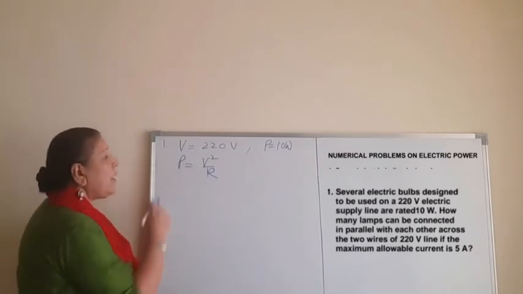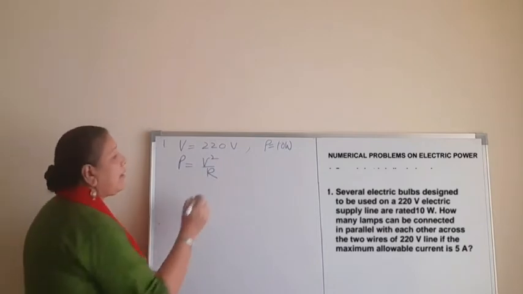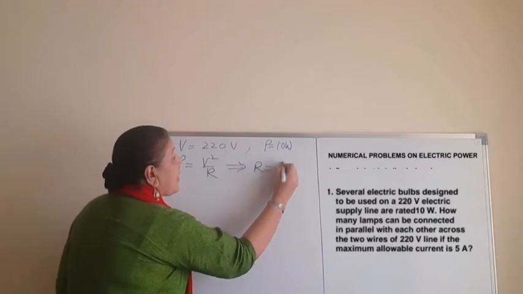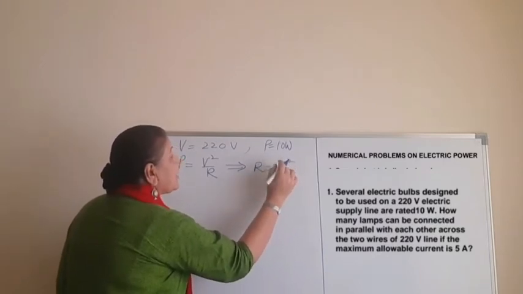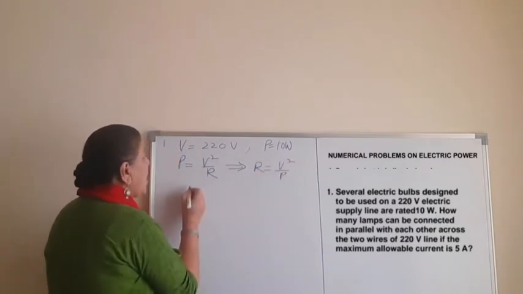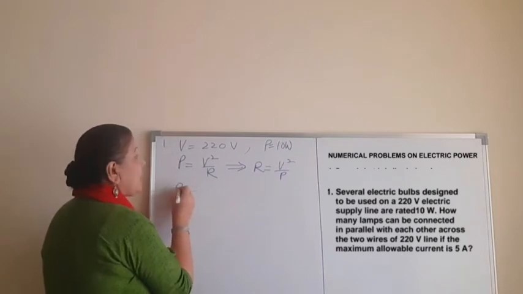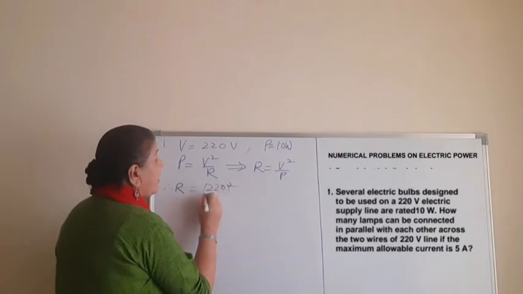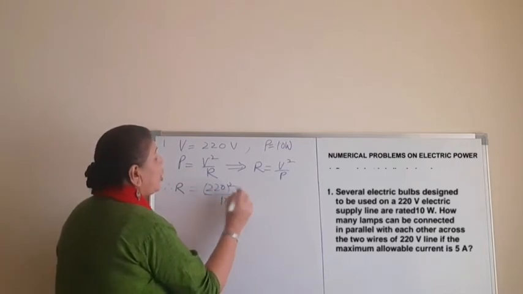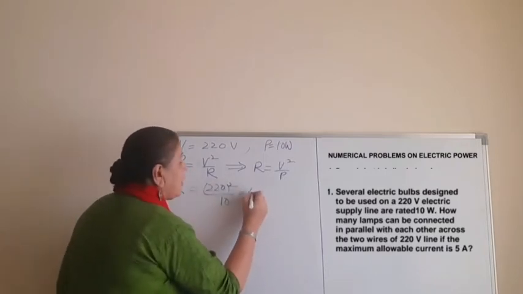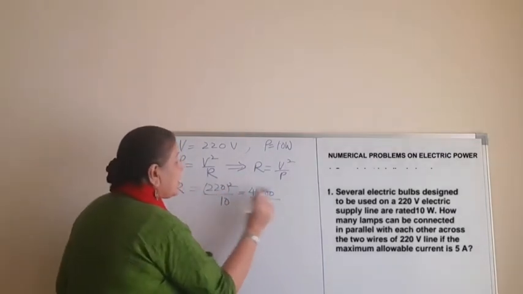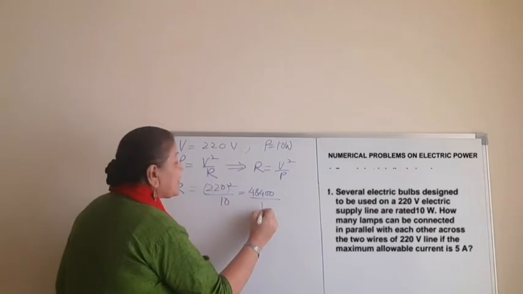So with this formula P is equal to V square by R, I can find R is equal to V square by P. Therefore R is equal to V square, the square of 220, divided by P, which is 10. 48400 is the square of 220 and this is 10.